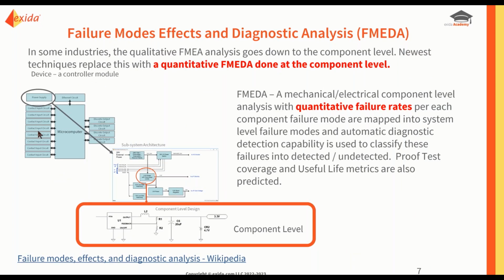Just to make sure we're in the right context. An FMEDA is failure mode effect and diagnostic analysis. It's a quantitative, detailed approach that predicts failure rates of a device, a product, a system, or a subsystem, whatever the scope of analysis is, based on studying the behavior of all the electronic or mechanical components.